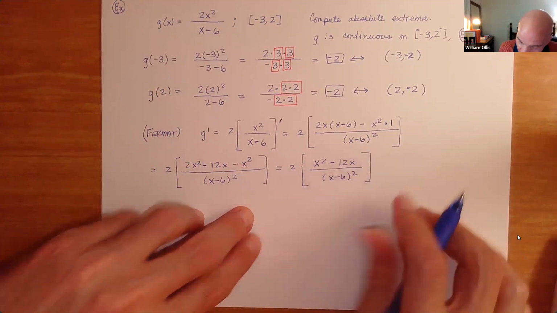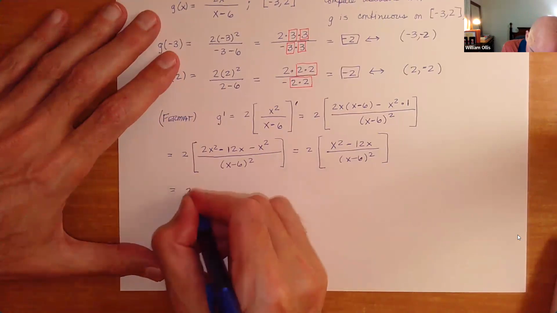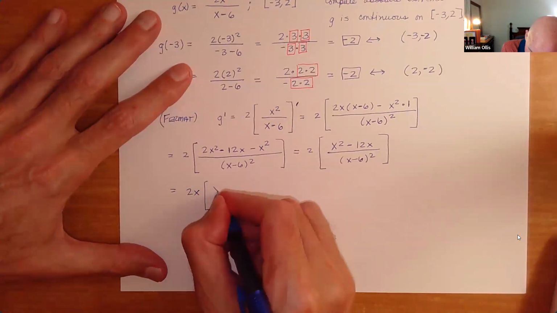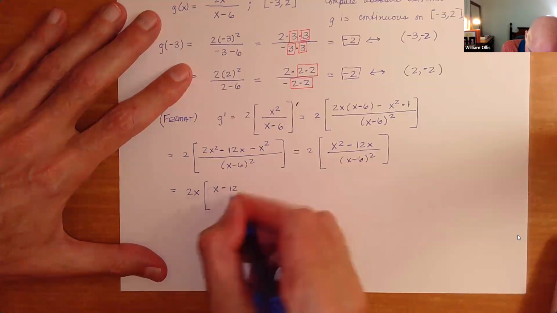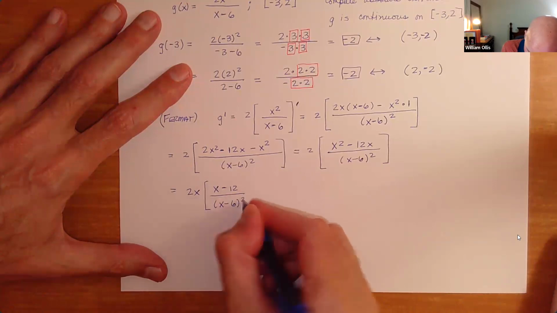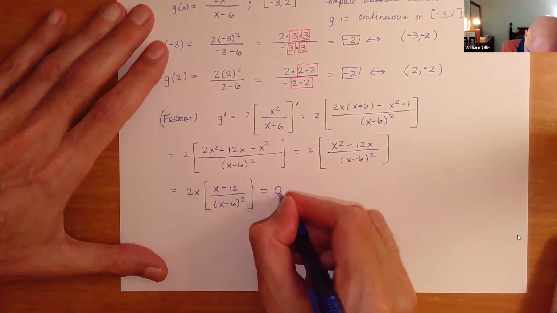So now, of course, we could just factor the x in the numerator. So this will give us a 2x times x minus 12, divided by x minus 6 quantity squared. Now, of course, we can set this to 0.